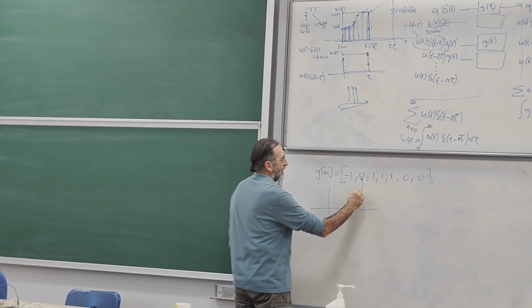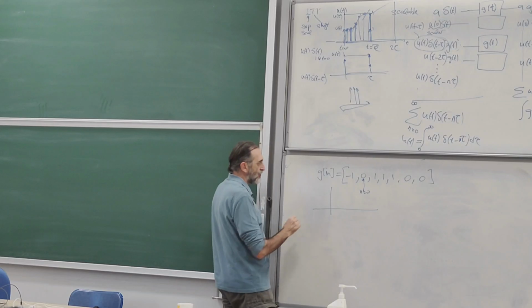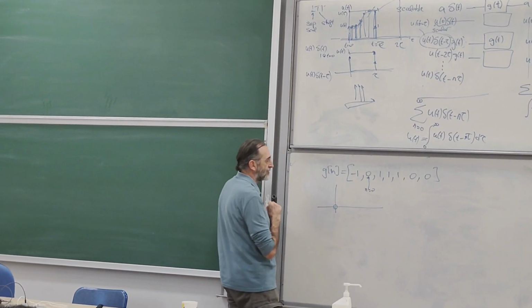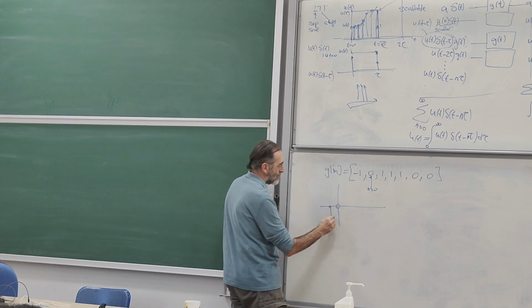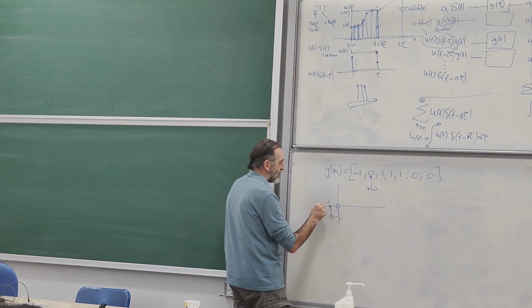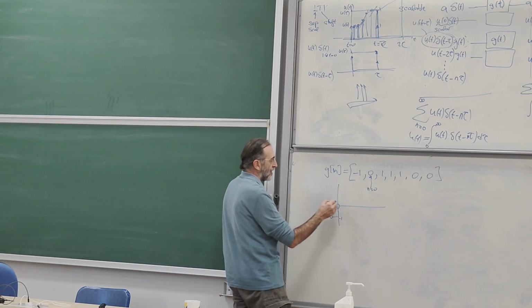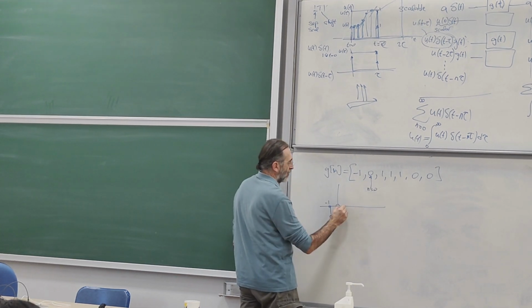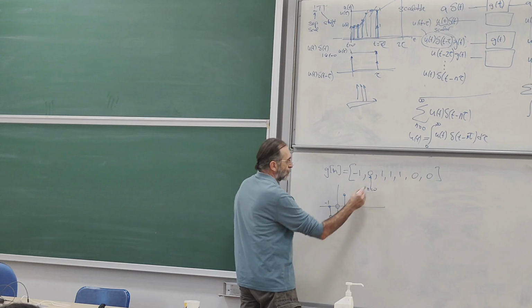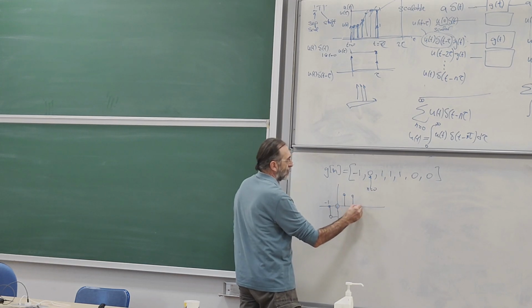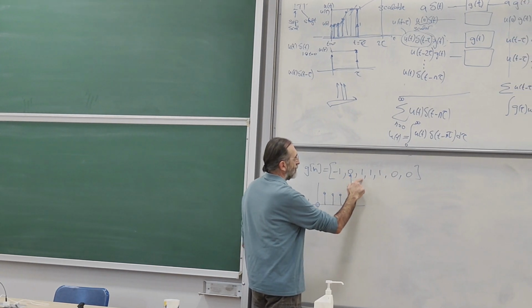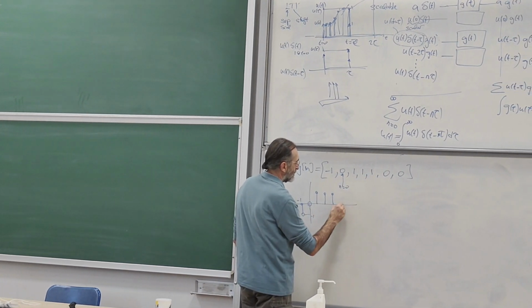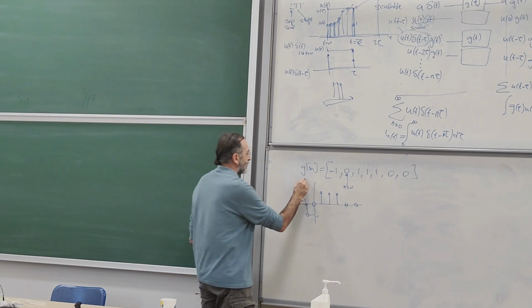Here is n equals 0. So, here I have 0. At minus 1, I have minus 1. At n equals 1, I have 1. N equals 2, I have 1. N equals 3, I have 1. N equals 4, I have 0, and 0. Okay, this is 0.